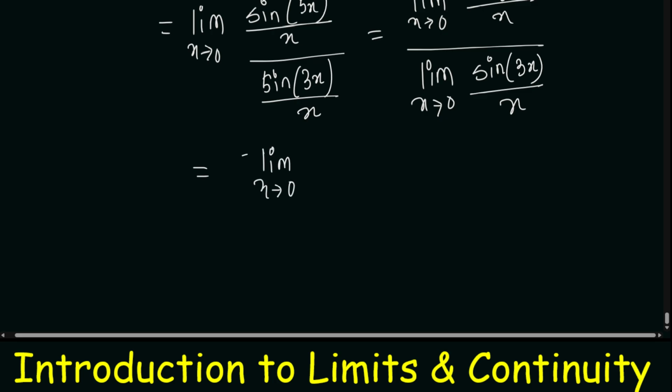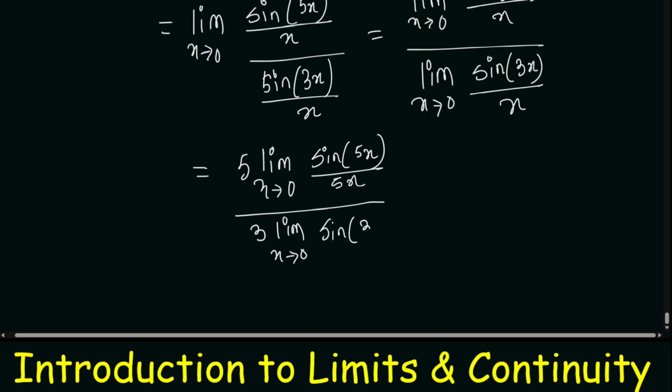So we can multiply a 5 outside, and we can write sine of 5x by 5x divided by 3 into limit x tends to 0 sine of 3x by 3x. And now these limits equal 1 because they are in the standard form as they should be. So the answer basically is 5 into 1 by 3 into 1, which is 5 by 3.